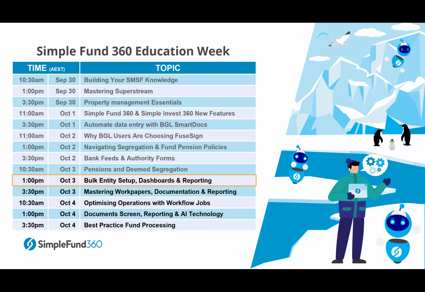If you haven't already done so, I recommend you definitely register for that session. There's some great technology using AI within Simple Fund 360 and what's coming soon. So if you want to have your mind blown away, definitely register for that one. If you can't make it, still register. We will send you the recording. It's one that you don't want to miss. And we'll round up the week with best practice and fund processing tomorrow afternoon at 3:30 p.m.